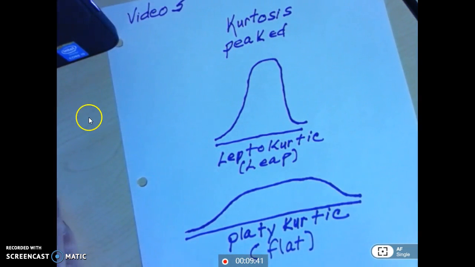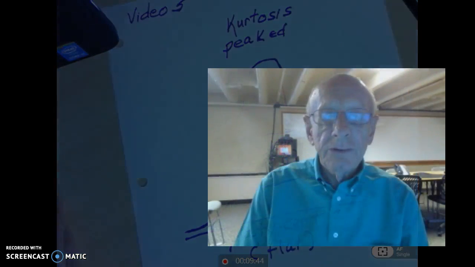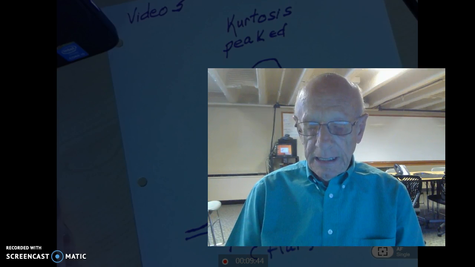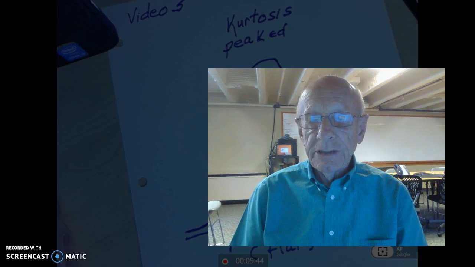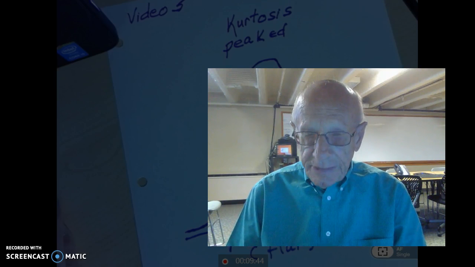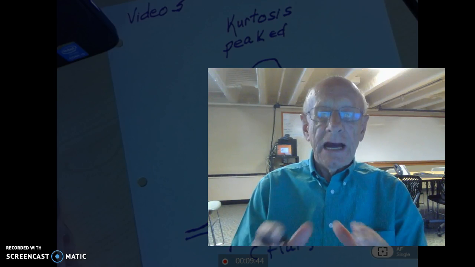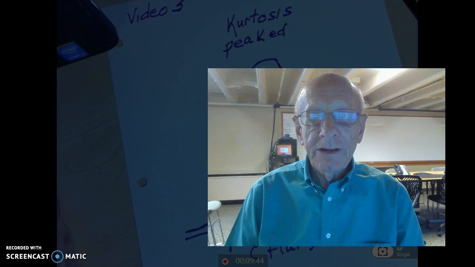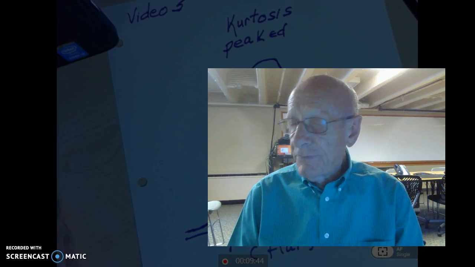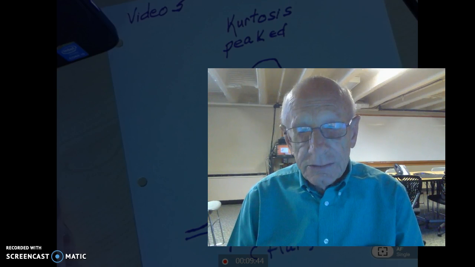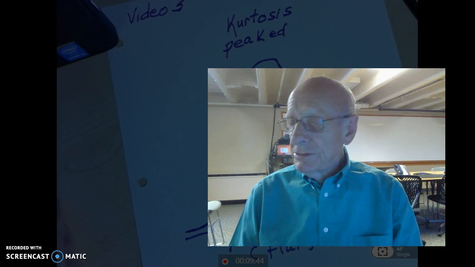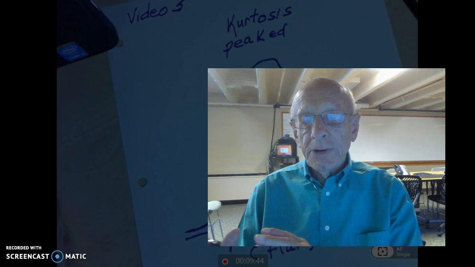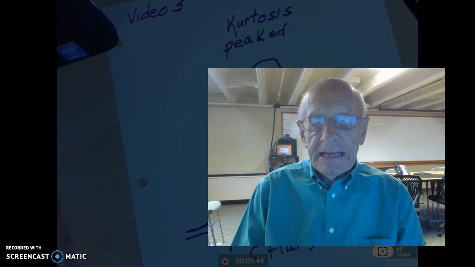Again, I will review these with you. We have kurtosis and skewness. For kurtosis, we have three curves. We have meso, which is in the middle. We have lepto, which is higher, and you leap, lepto. And we have the platykurtic curve, which is relatively flat. Then we have skewness, and skewness means to lean a certain way. If we have the high scores in the upper end, we would have a negative skewness.